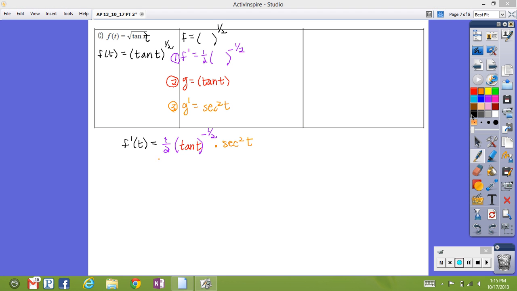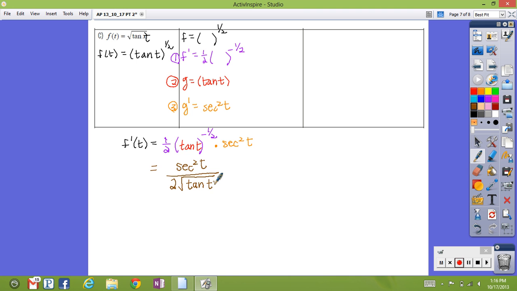And in terms of rewriting it, simplifying it, the only thing I would do is probably get rid of that negative 1/2 power. So secant squared of t stays in the numerator. The 2 is downstairs, and then I can rewrite this as tangent of t. And that's probably how I would leave it.